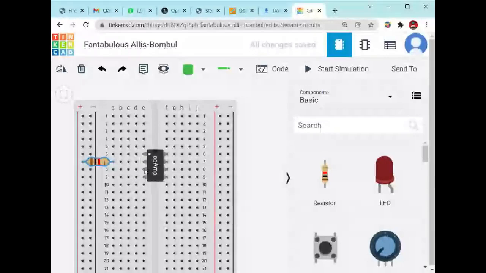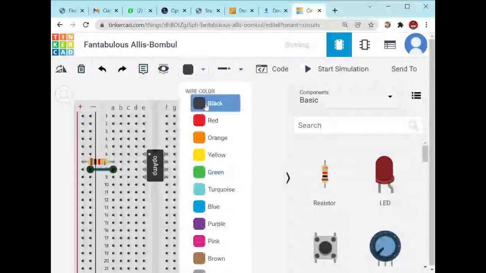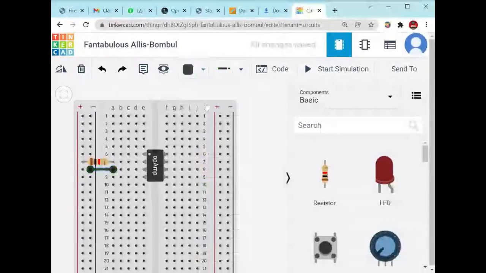The positive of this Vin is connected to the ground. We will use this pin from here and connect it to the ground. We consider this pin as negative, a ground. So change the color of this wire. I am changing this ground color to black.